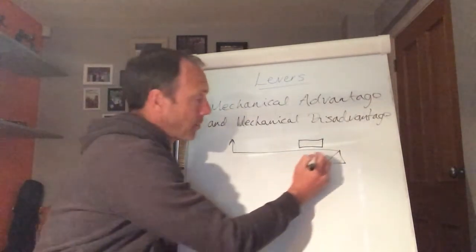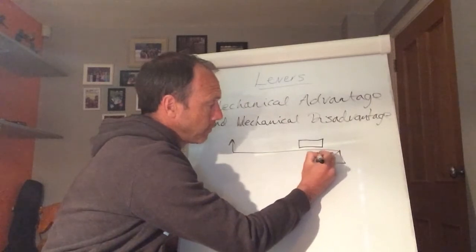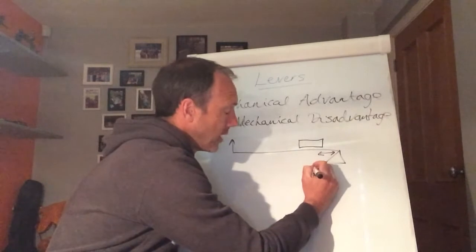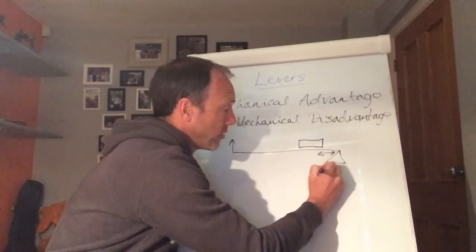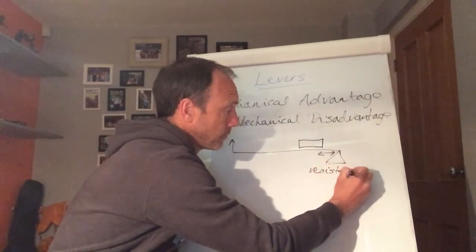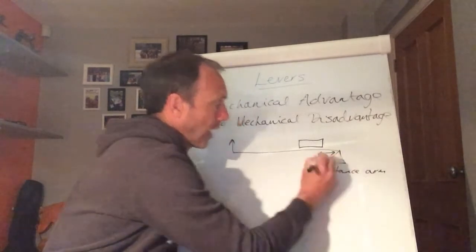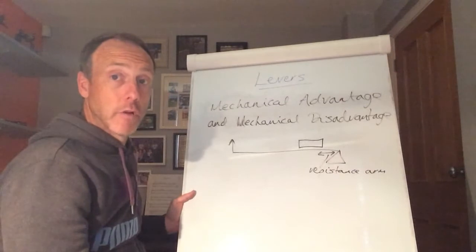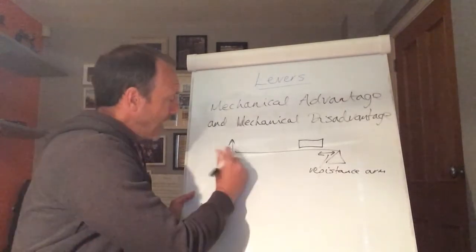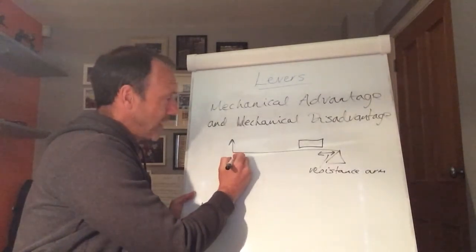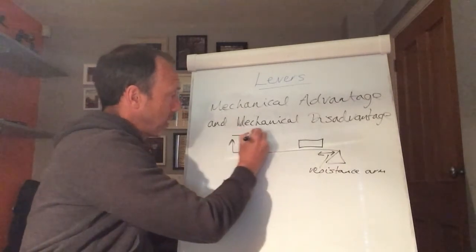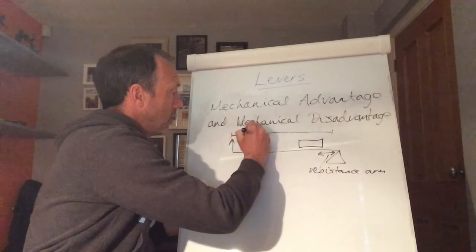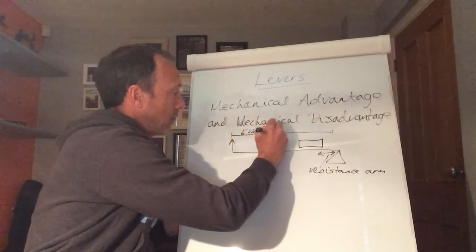Now the distance between the fulcrum and the load itself is known as the load arm or the resistance arm. The distance between the effort and the fulcrum is known as the effort arm.